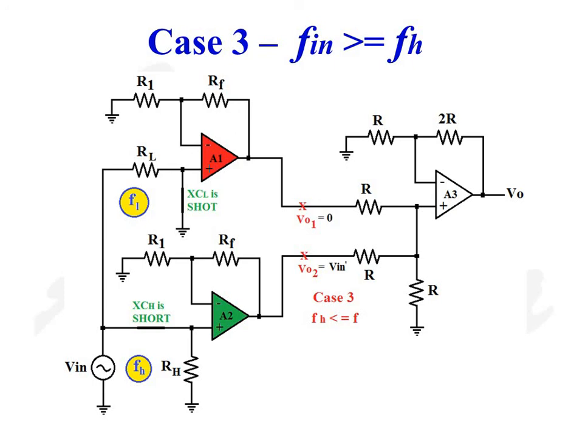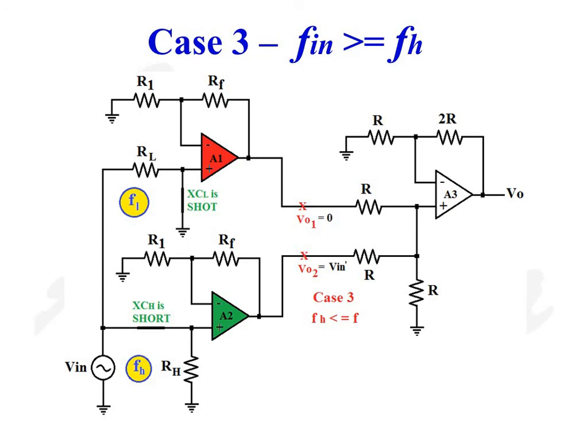As frequency of the input signal is greater than or equal to FH, capacitive reactance XCH is very small. So input of operational amplifier A2 is equal to Vin.